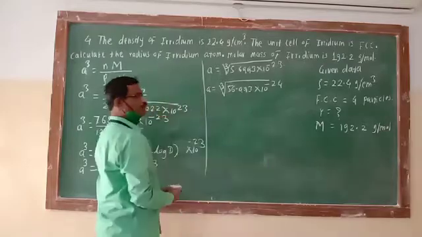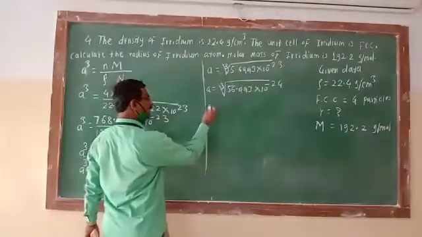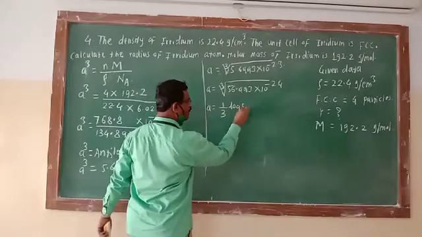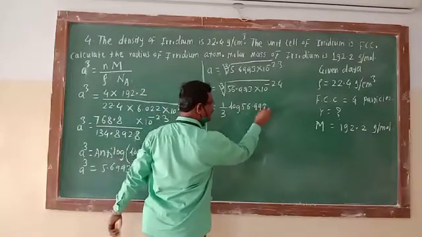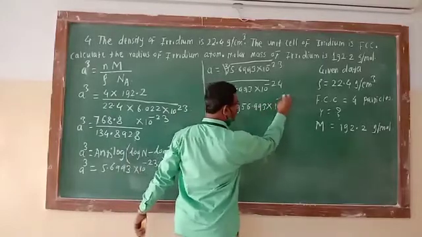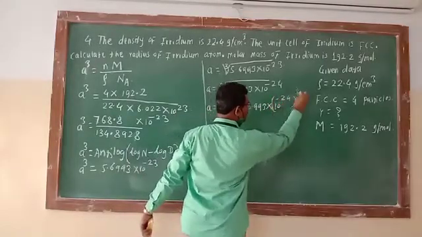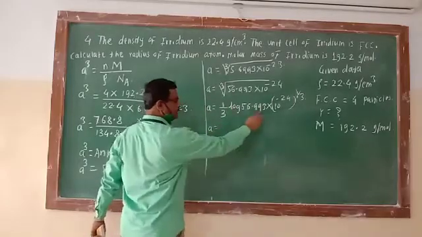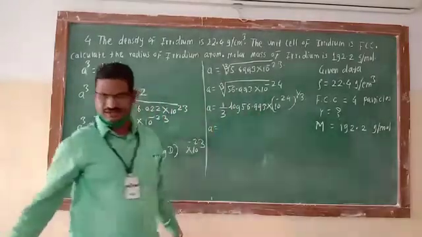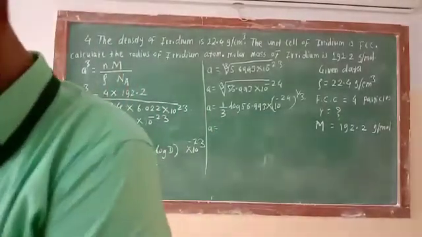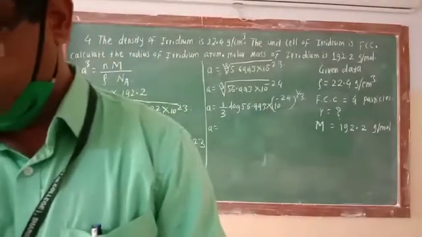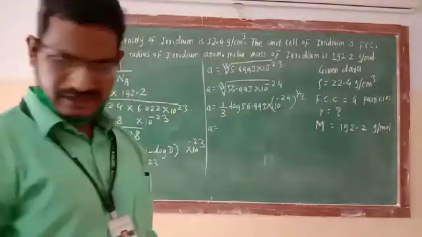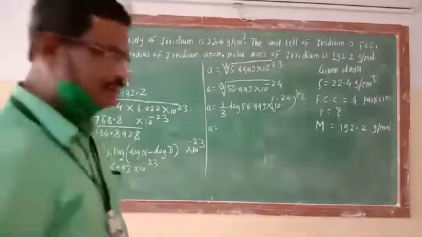And the further solution, we know, is done like this: a is equal to 1/3 log of 56.993 into 10 raised to minus 24, raised to 1/3. If we solve this, it is the log of this term divided by 3. The log of 56.993: the characteristic is 1.